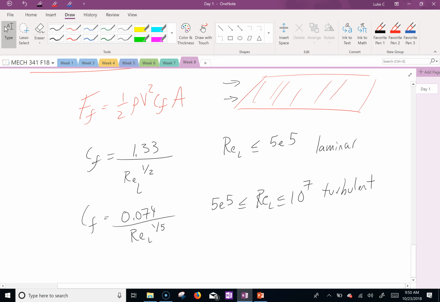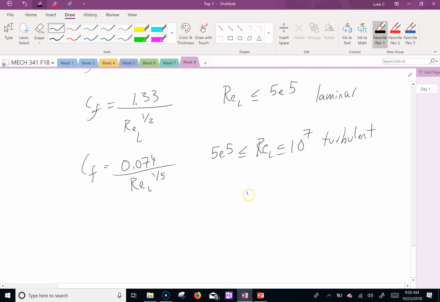Say that again. Those are the L, just a subscript. Yep. So the Reynolds number is going to be rho V L over mu. The subscript just defines that it stands for length, right?